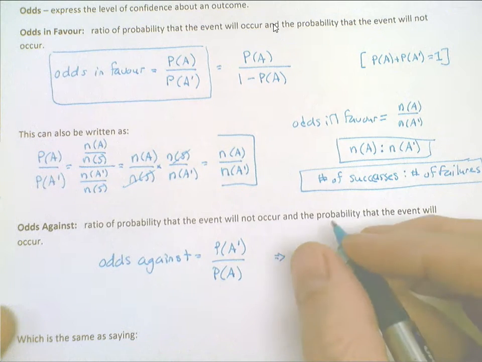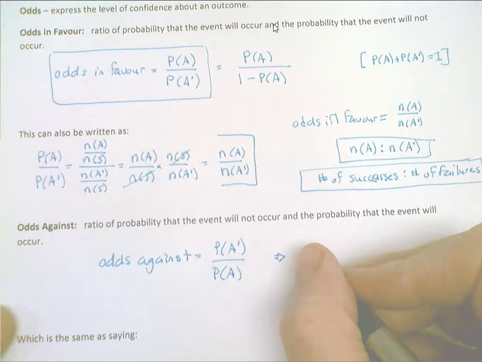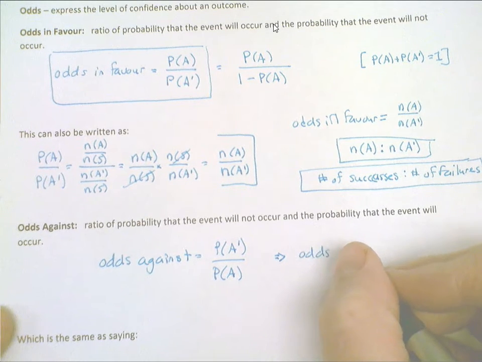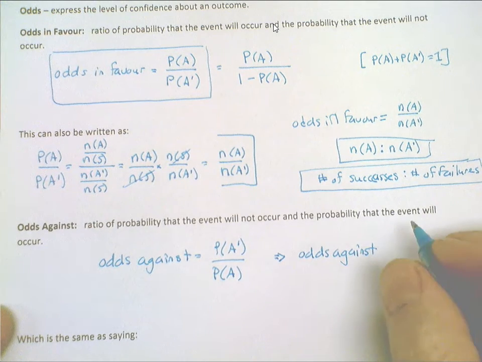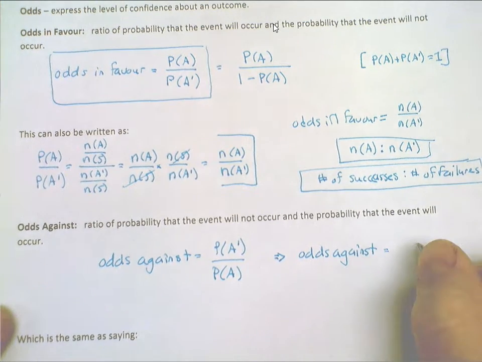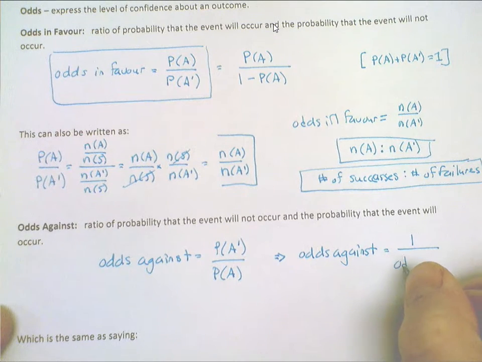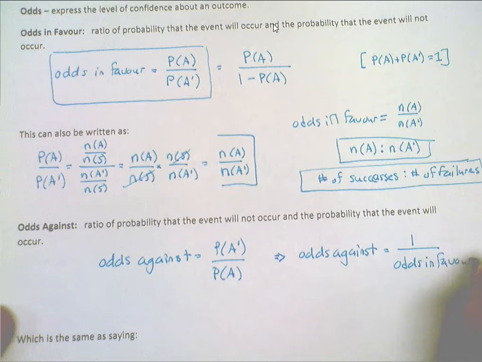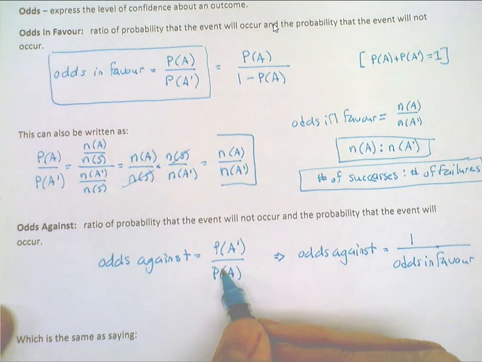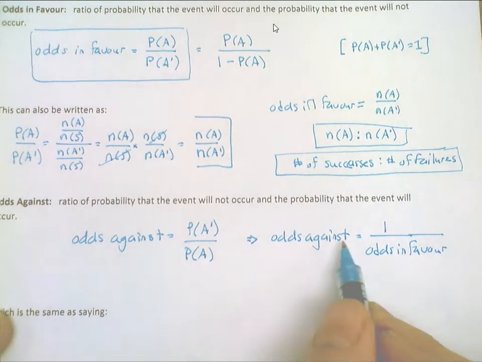So the odds against is simply 1 over the odds in favor, and that's obvious since it's the inverse of it.